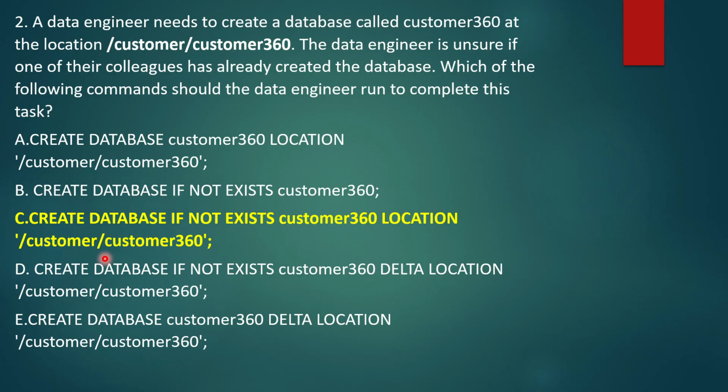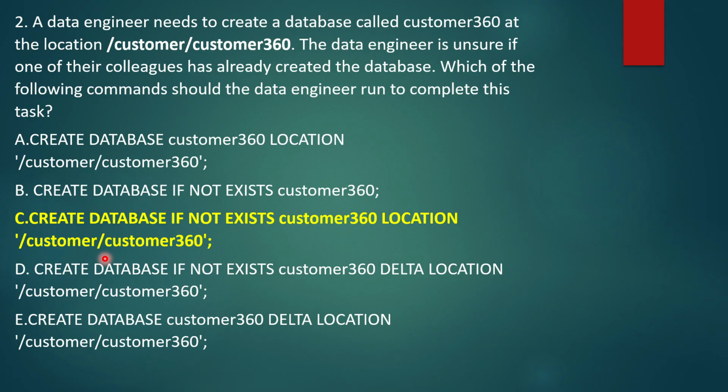A data engineer needs to create a database called customer360 at the location customer360. The data engineer is unsure if one of the colleagues has already created the database. Which of the following commands should the data engineer run to complete this task?